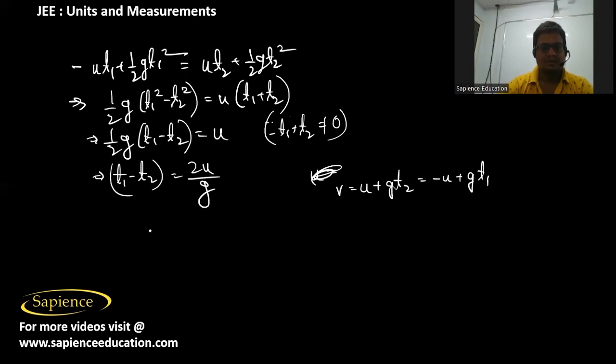And here we can also tell v square equal to u square plus 2as. So here v square, which is the velocity with which it will reach the ground, is u square plus 2gh.